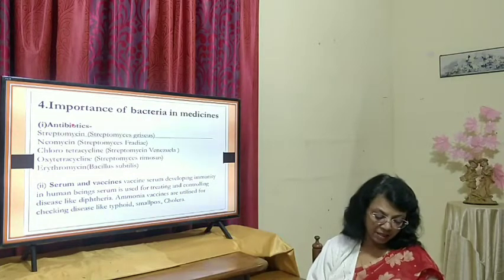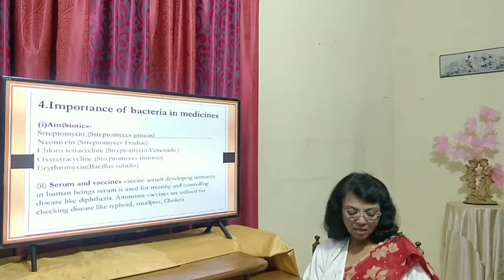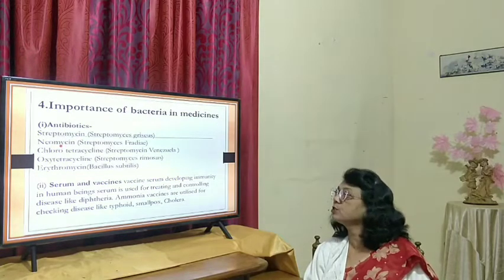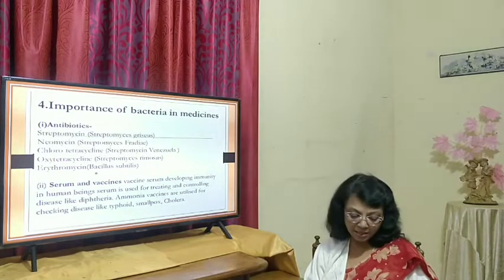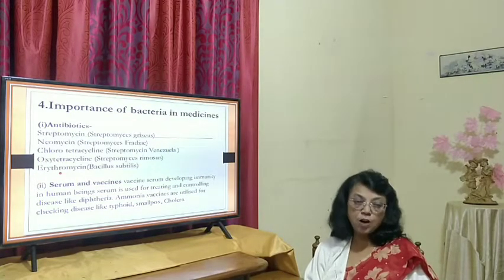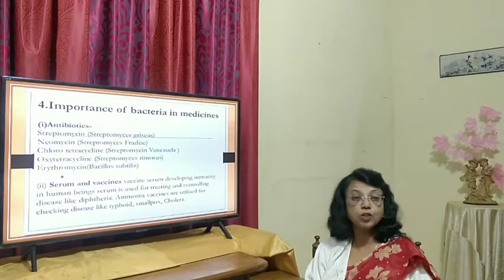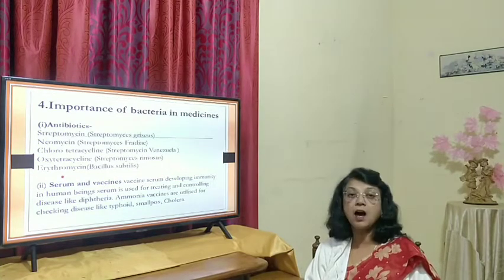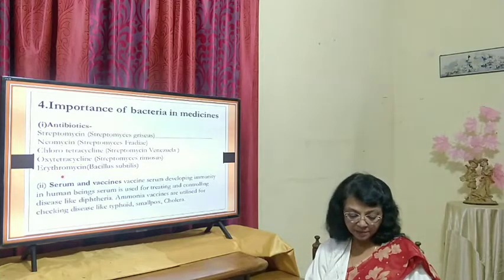The antibiotics like chloromycetin, streptomycin, Streptomyces venezuelae, Streptomyces ramosus, Bacillus, and erythromycin are all obtained from bacteria. The growth of other pathogenic microorganisms is inhibited by the use of these antibiotics.